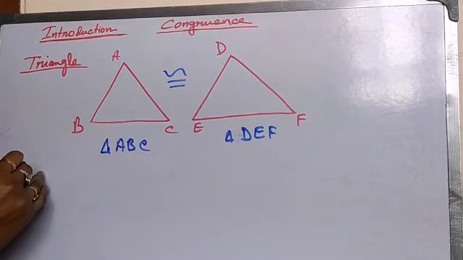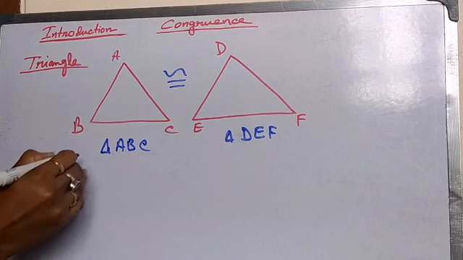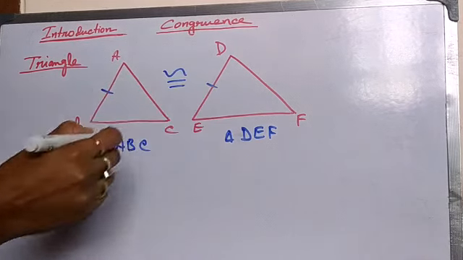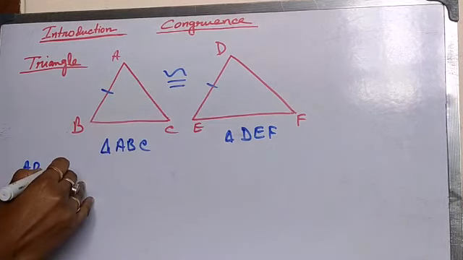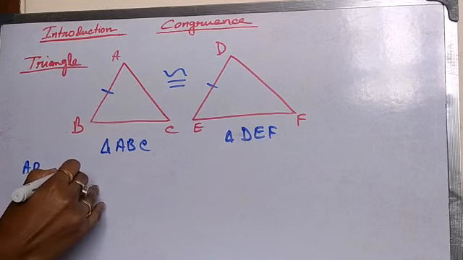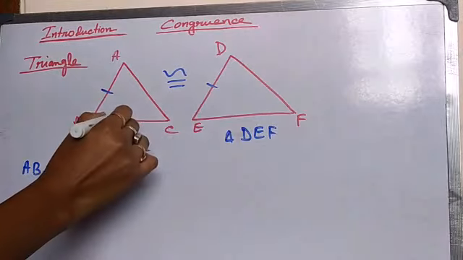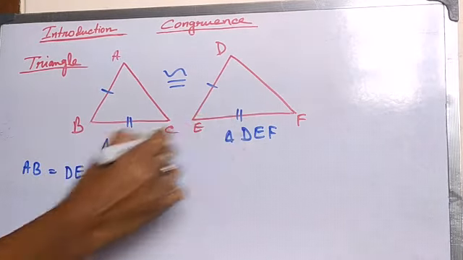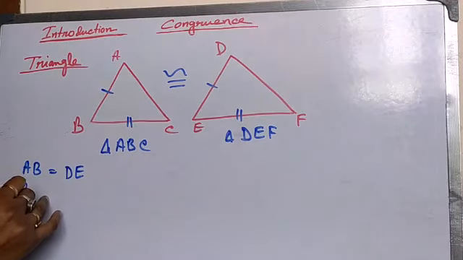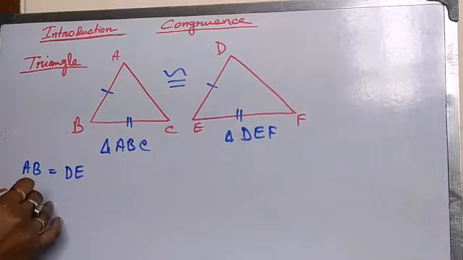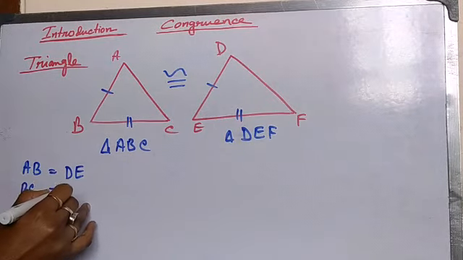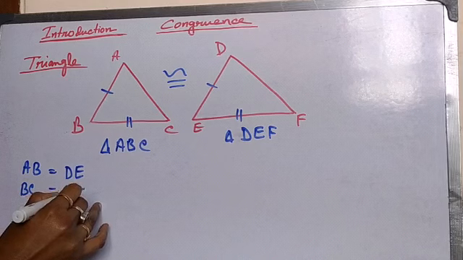then AB equal to its corresponding side DE. Next, BC equal to EF, this is also the corresponding side of triangle DEF.